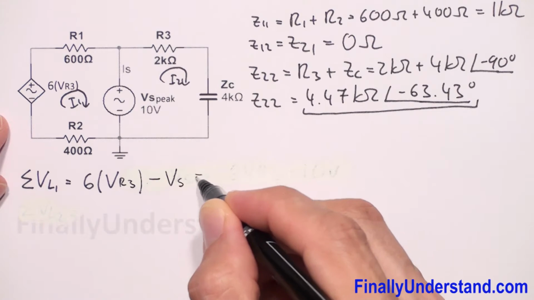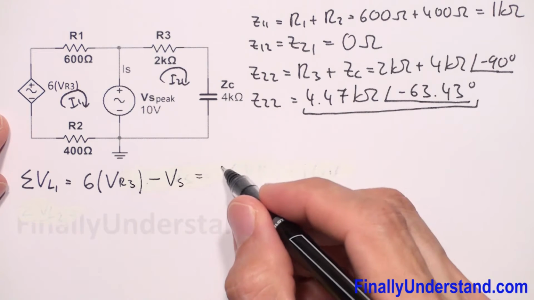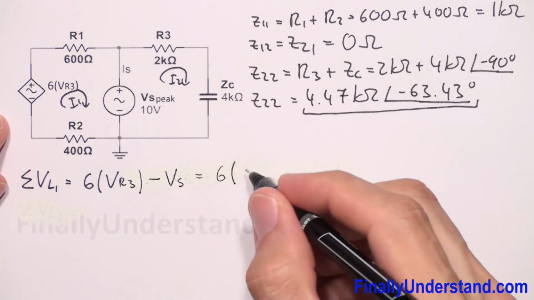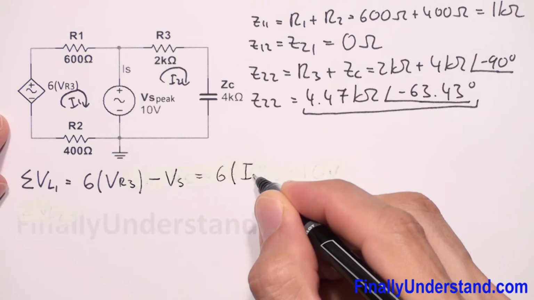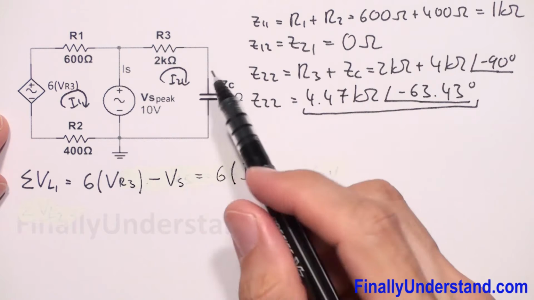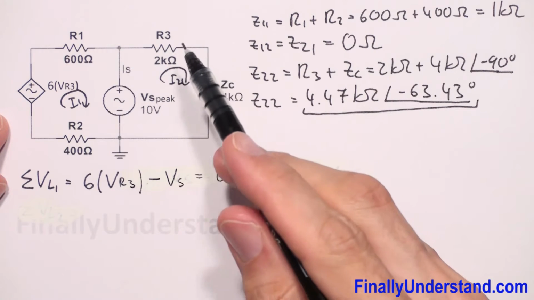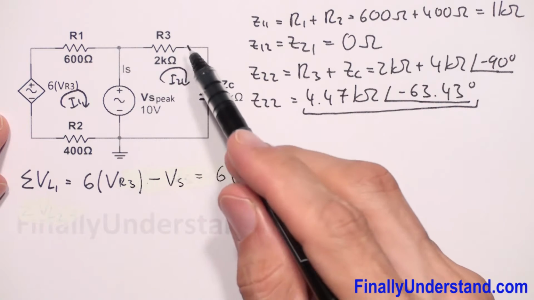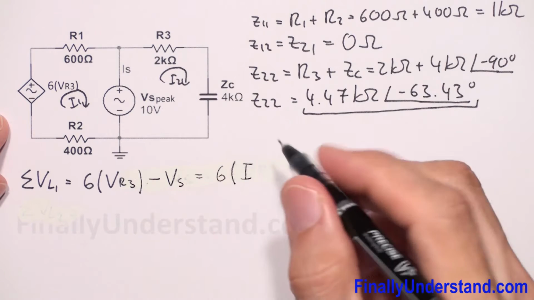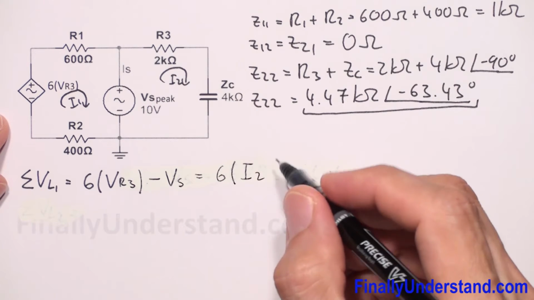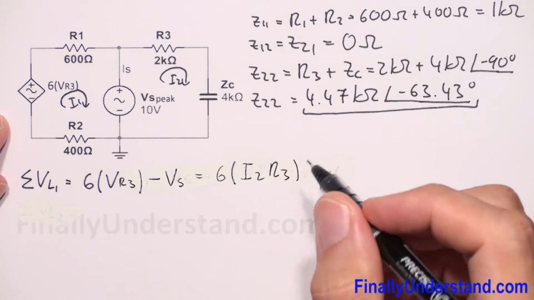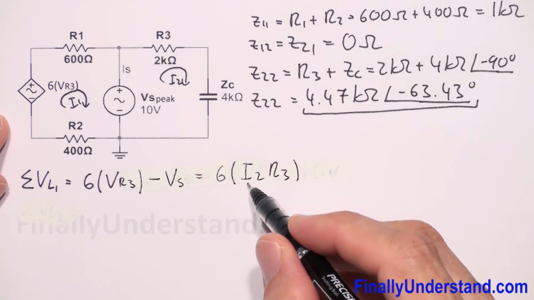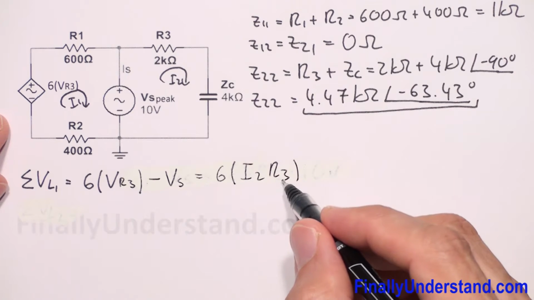I'm going to write over here negative Vs. So this is equal to 6 times VR3, and VR3 is nothing else but IR3 times R3. But because current I2 goes through resistor R3, I'm going to write that this is I2 times R3. Why do I have to rewrite VR3 as the product of the current and resistance?